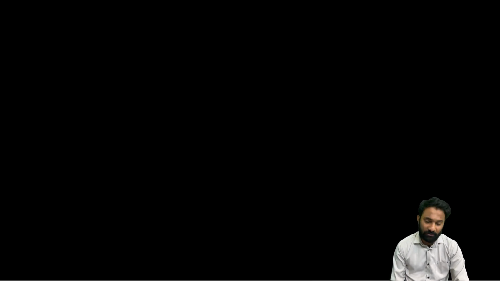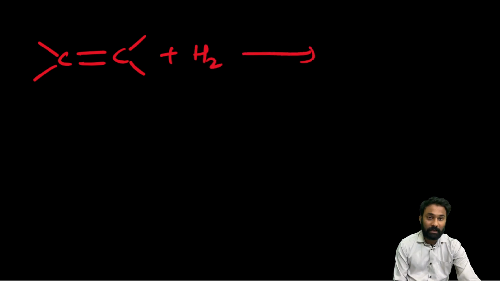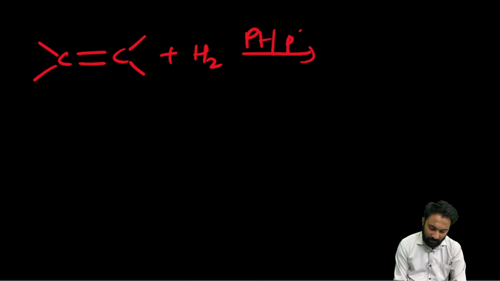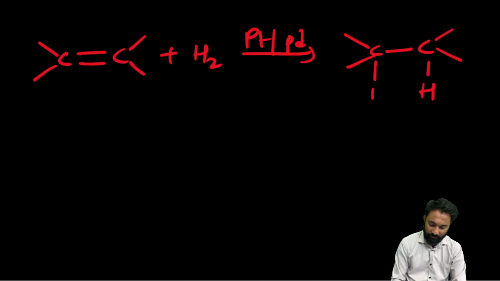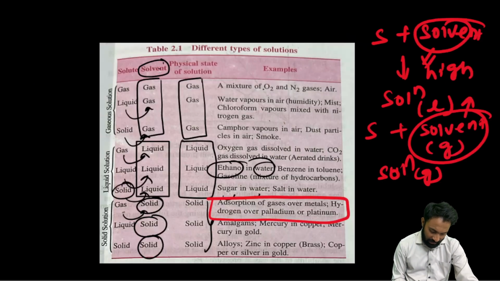If you take an alkene, the hydrogen gas will be adsorbed on the surface of metals like platinum or palladium, and it will convert that alkene into an alkane, right? This is a metal surface. Now hydrogen gas will be adsorbed in this manner. Clear? This is an example of the adsorption of gas over metal.